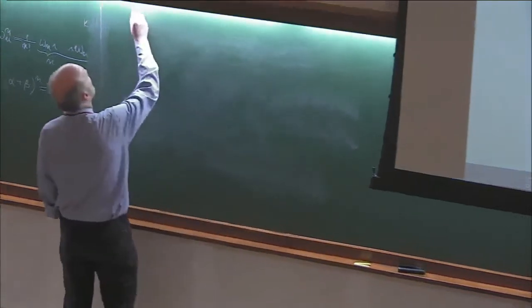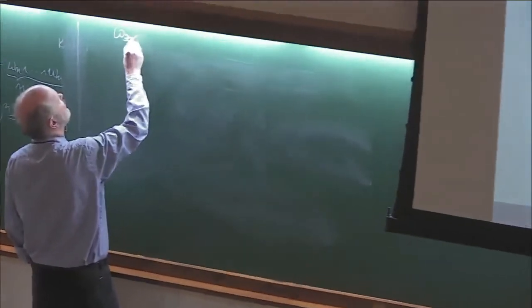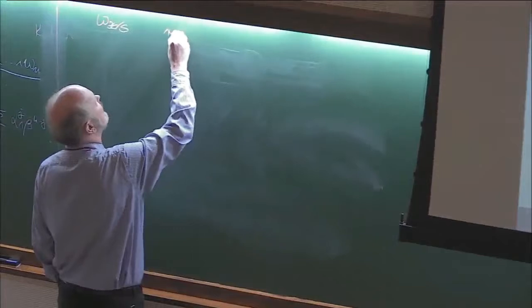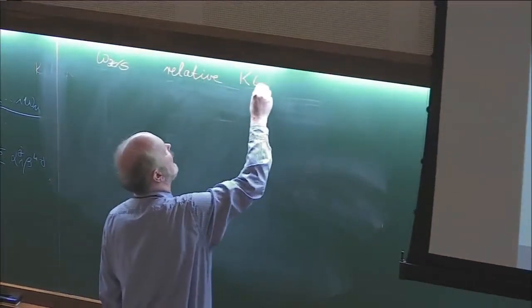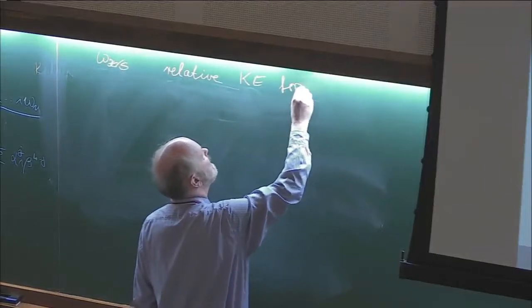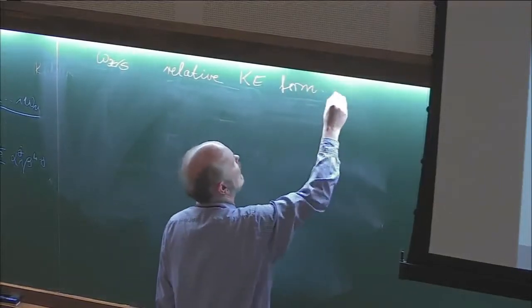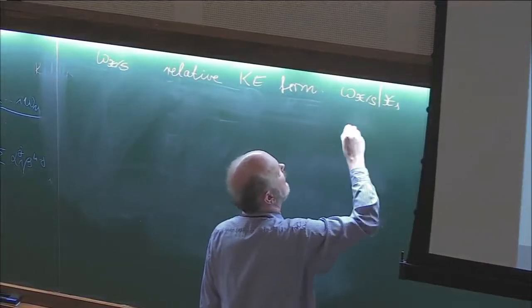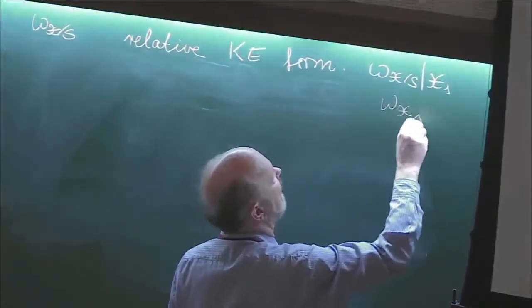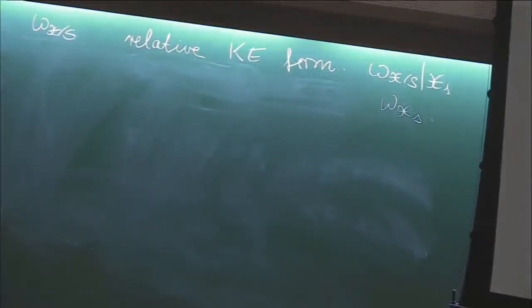We start from omega X over S. So this is the relative Kähler-Einstein form. So omega X over S on the fibers is the given Kähler-Einstein metric.